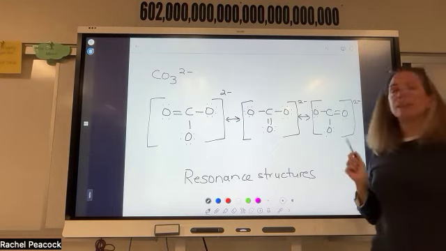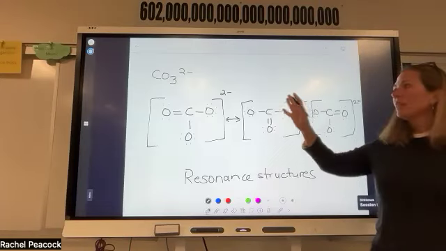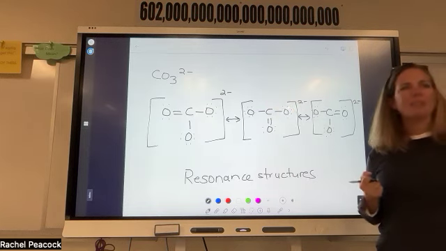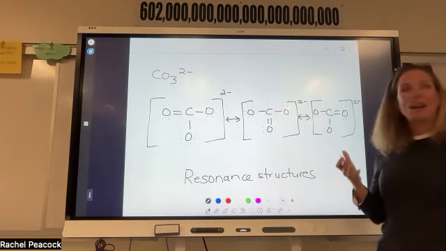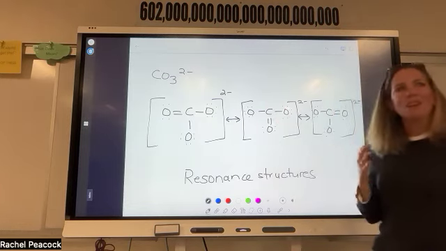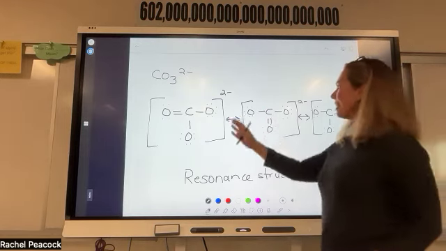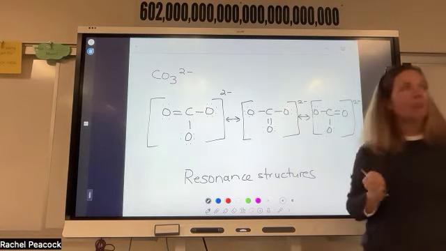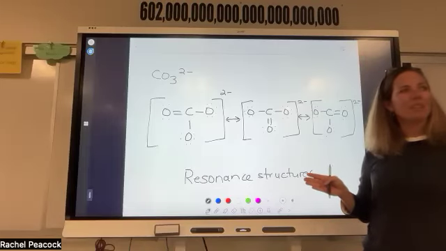But here's the thing. In reality, the carbonate ion exists in these 3 forms all at once and not at all. Hear what I just said. Meaning it is a hybrid of these. This double bond bops around. It's not in any one of these locations ever.